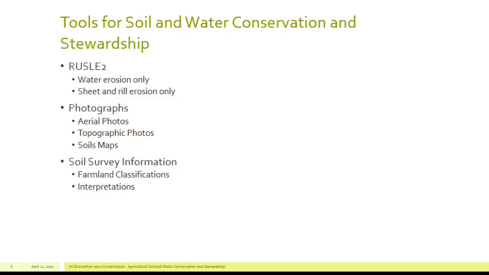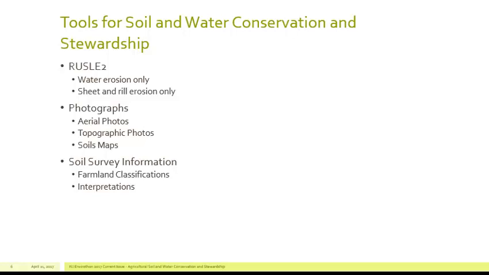We have a different program to assess wind erosion, and RUSLE2 only addresses sheet and rill erosion. So gully erosion and mass wasting events such as a landslide are not evaluated in the RUSLE2 program. Other things that are very helpful include aerial photographs, topographic photographs, and of course soil maps.